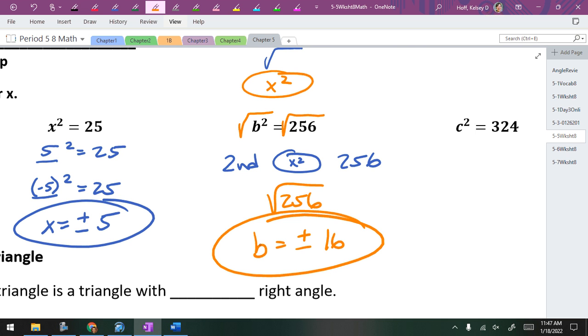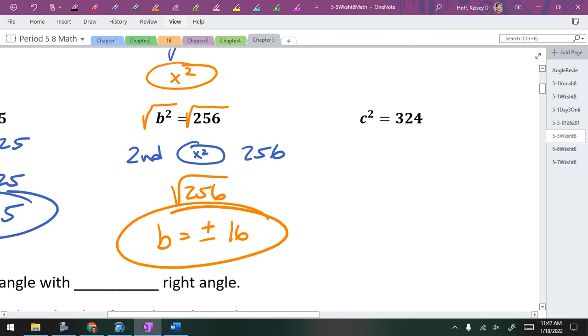On your own, find me what C could be. Second. And then you're going to hit that X squared button. Now type your 324.